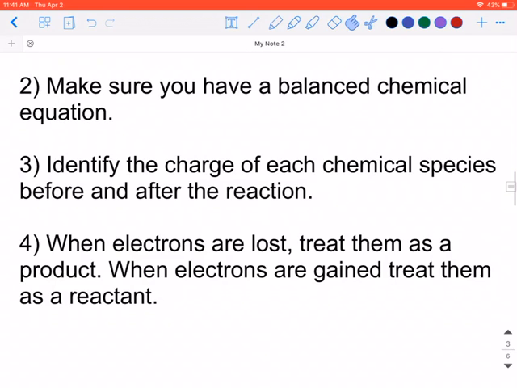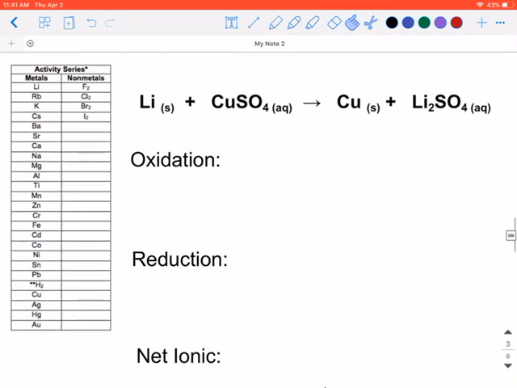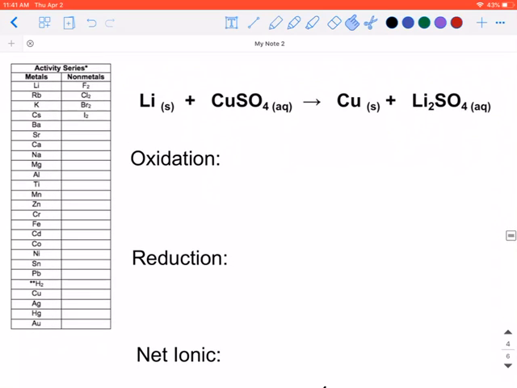So let's try our first example. Here I have lithium reacting with copper(II) sulfate to form copper and lithium sulfate. Like I said previously, step 1, always make sure this reaction actually occurs. If you remember from the last video, the single element here is going to try to swap places with copper.